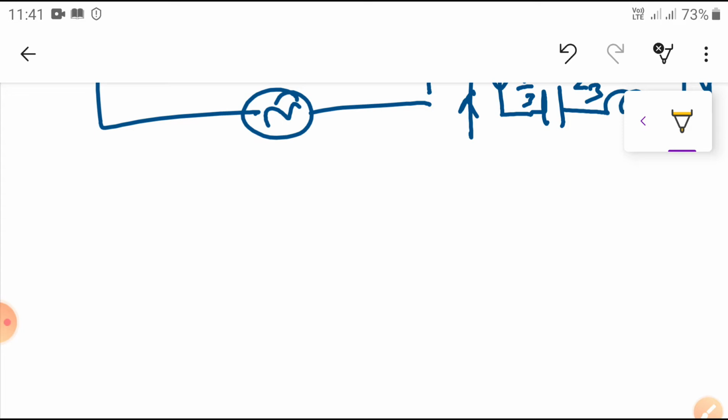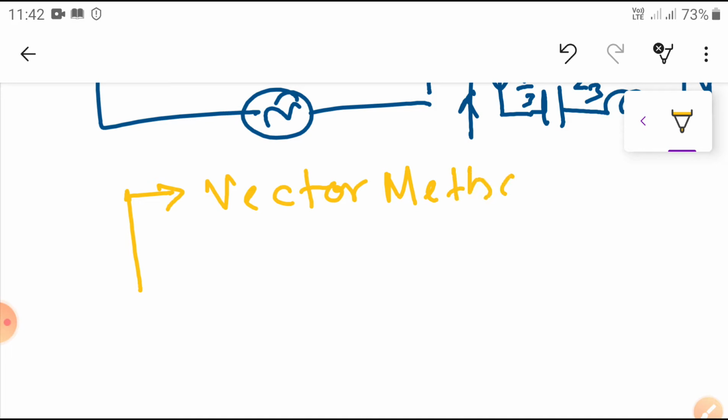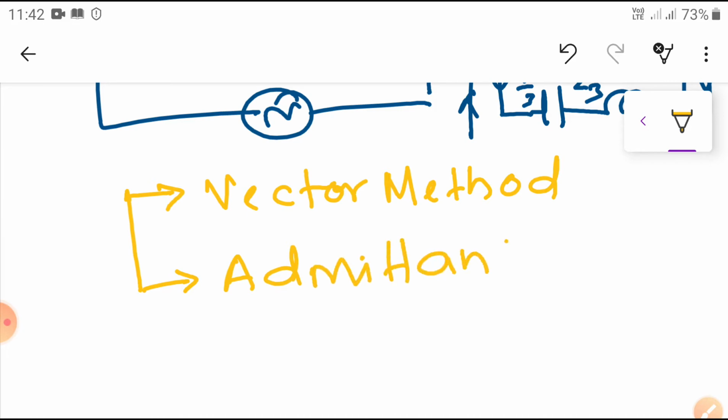These parallel circuits can be solved by three famous methods: one is the vector method, the second is the admittance method, and another is the phasor method.